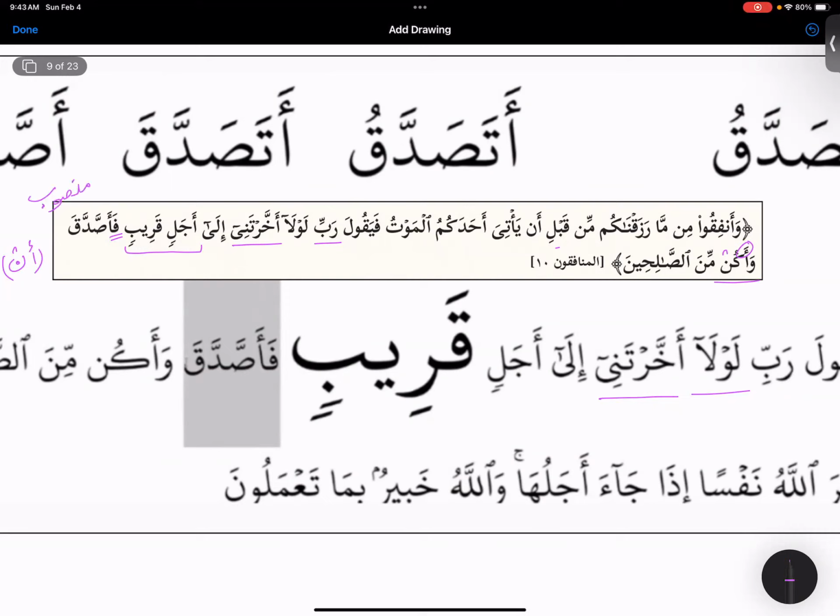Wa akun. Right. If it is mansoob, what version should it be? Akuna. It is not akuna, it is akun. So basically, it's not mansoob. It's supposed to be mansoob. Why? Because waw ataf came, right? And this fa is making this mansoob, and it's supposed to make this mansoob as well, right?